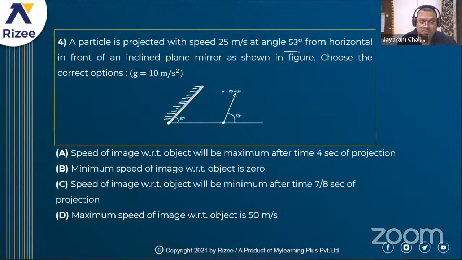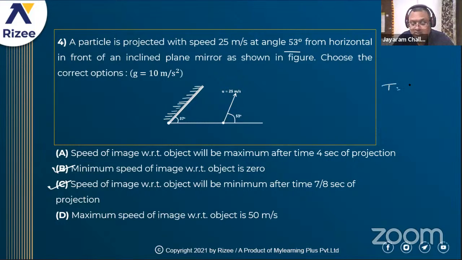Now what are the options here? The minimum speed of the object is equal to 0, and the next one is the speed with respect to the minimum time, that is 7 by 8. So these are the right options for you. The speed of that object will be minimum after t is equal to 4 seconds.